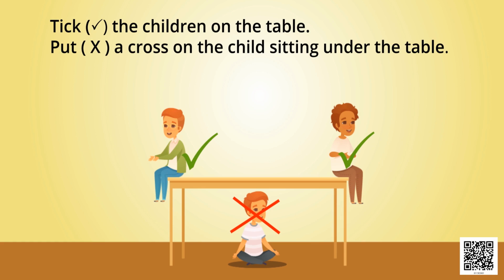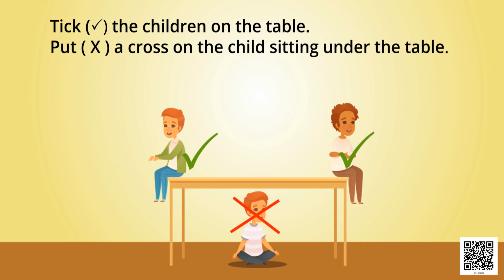Yes, ma'am. There are 2 students sitting on the table. Very right. 2 children are sitting on the table. Let's put a tick mark on the children who are sitting on the table. Yes. Very good. Very good.